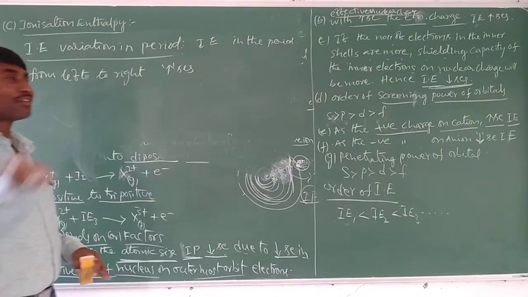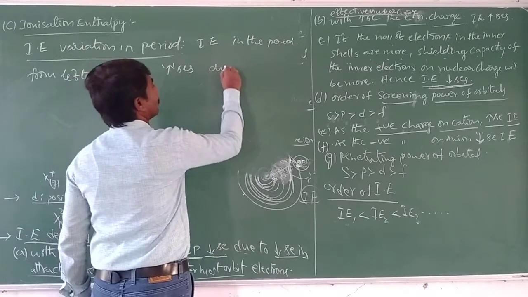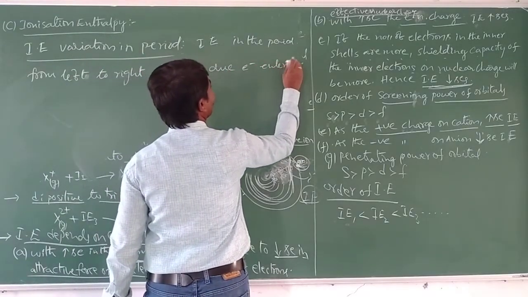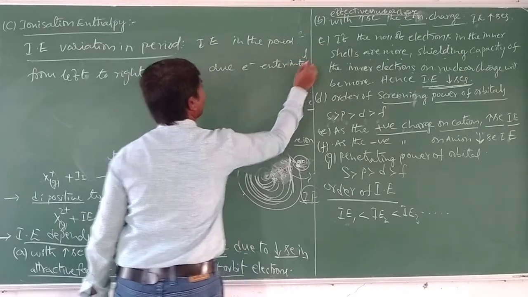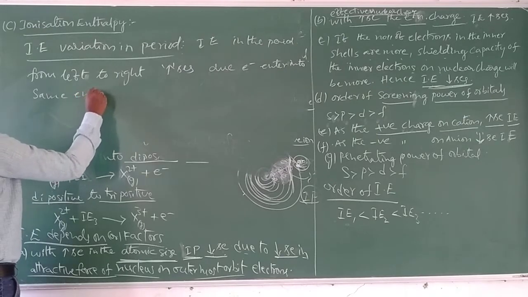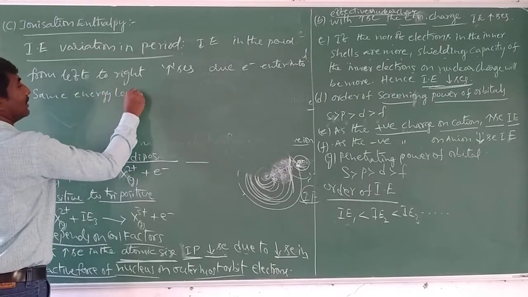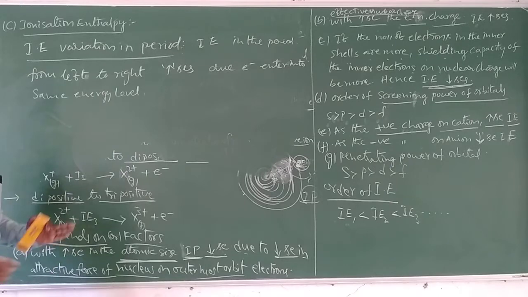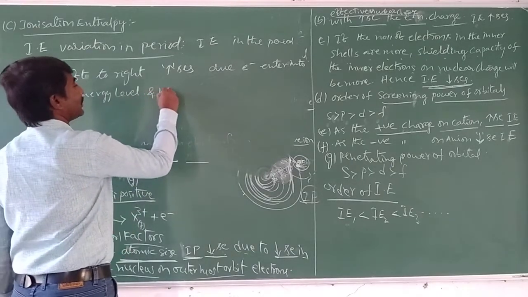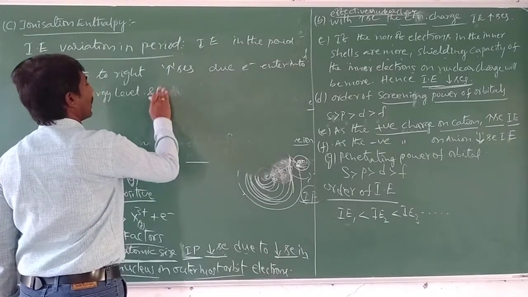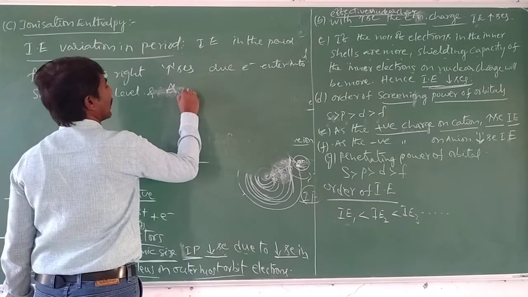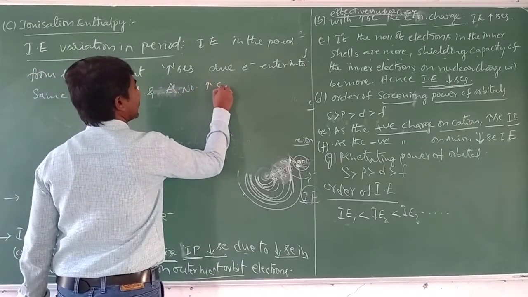Because electrons enter into the same energy level, so automatically size decreases, and nuclear charge and atomic number increase.